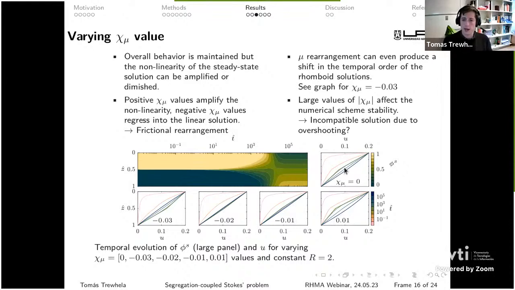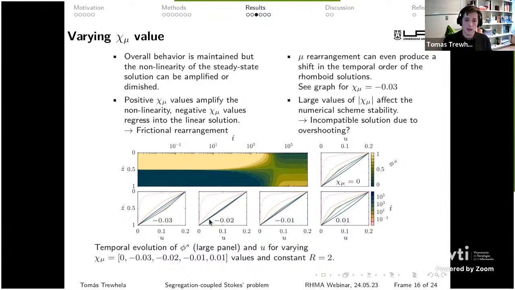So basically this behavior here is exacerbated. The linear transitory profile is sharper with this very sharp transition, and then it will move towards an even more non-linear steady state.